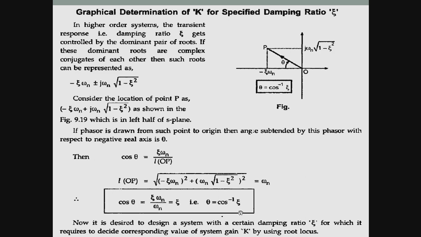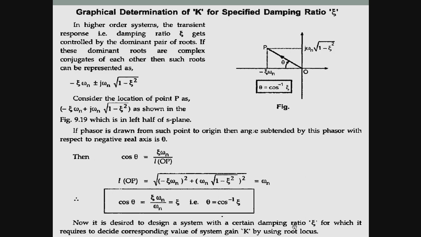Then cos theta equal to zeta omega n divided by omega n, so zeta, so theta is equal to cos inverse of zeta. Now it is desired to design the system with a certain damping ratio zeta, for which it requires deciding the corresponding value of the system gain by using the root locus.